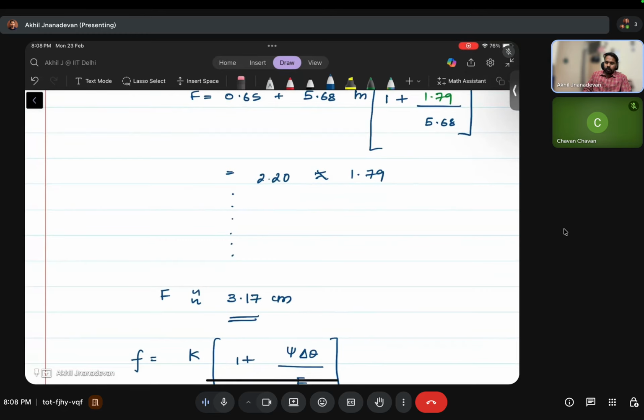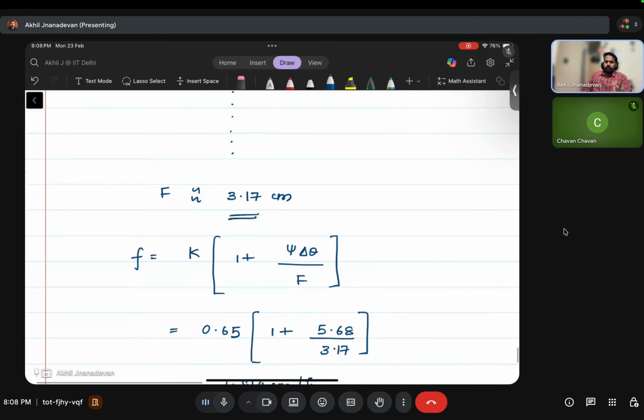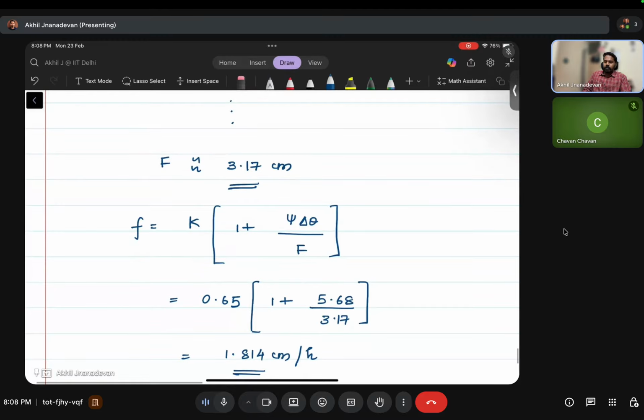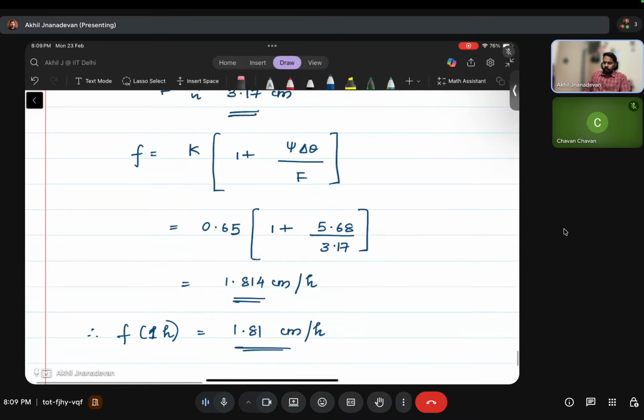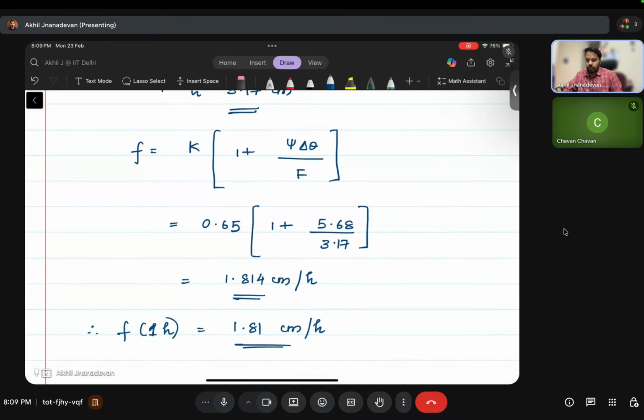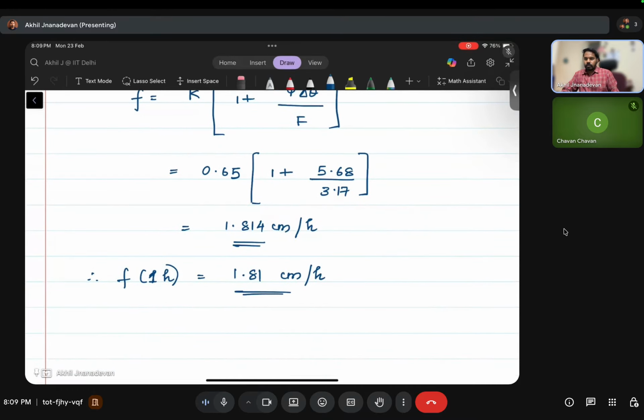You can follow the other trials; it will converge in the fifth or sixth trial to nearly 3.17. And if you have the cumulative depth, and if you know the hydraulic conductivity, the suction head and the change in moisture content, we can find the infiltration rate using this particular relation. So you'll be getting around 1.81 centimeter per hour.